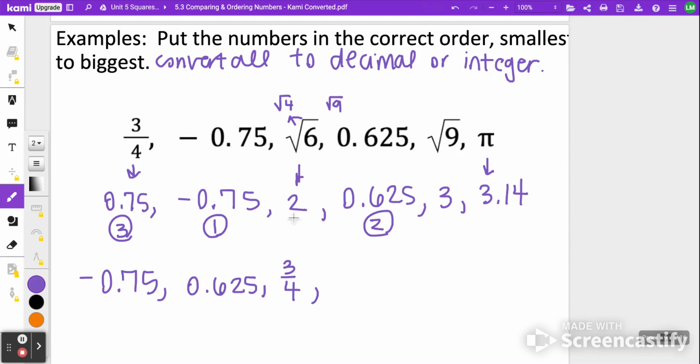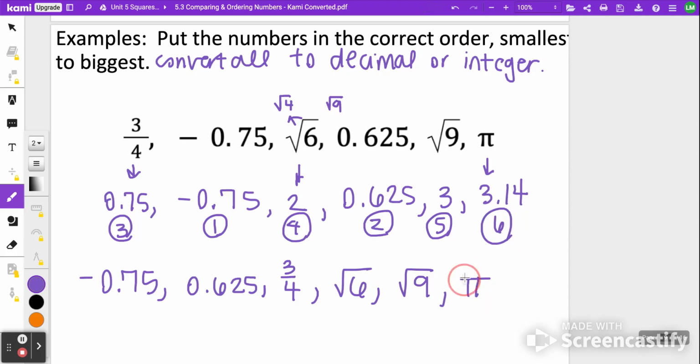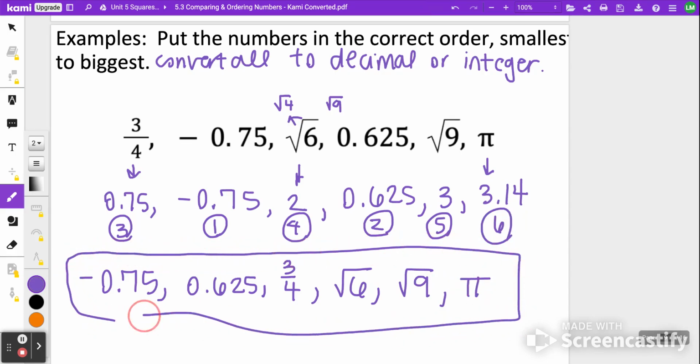Okay. Next up, we would probably say this 2 would be our next biggest number. So that's the square root of 6 in original form. Then the square root of 9, because that's equal to 3. And then the last one is pi being 3.14. So this would be my order from least to greatest back in the original format.